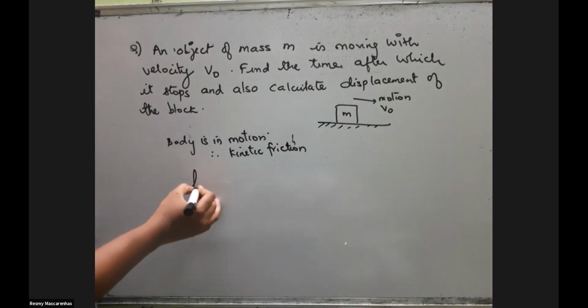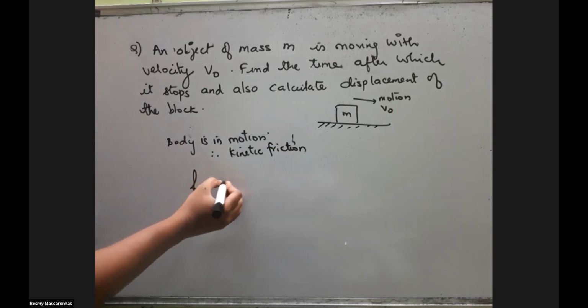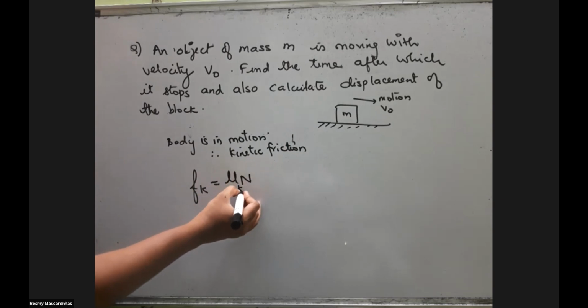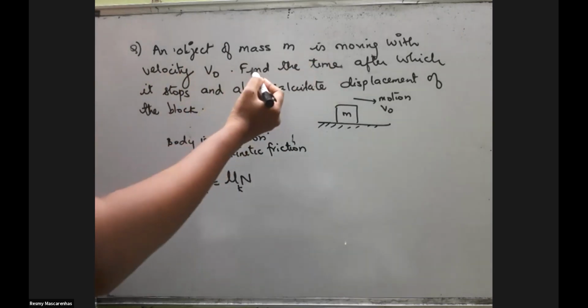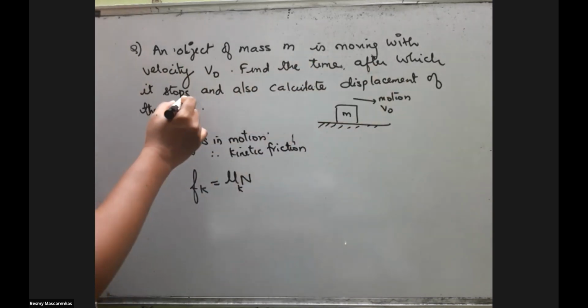So what will be the formula? That will be f of k equals mu k into n. Now, find the time after which it stops has been told.